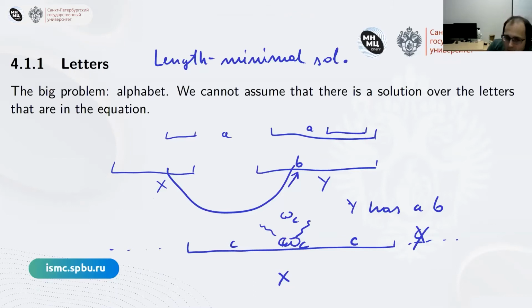So now what we want to do is just to turn it back. Since this compression was an error, we replace every occurrence of C back by WC, which is over the input alphabet. This doesn't affect the equation, but we remove this problematic letter and we are back with letters over the initial alphabet.